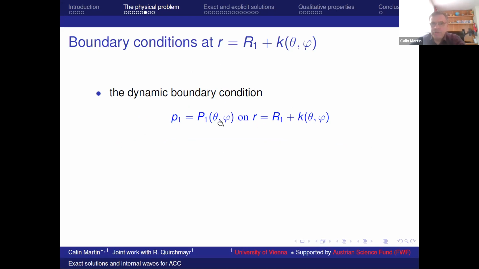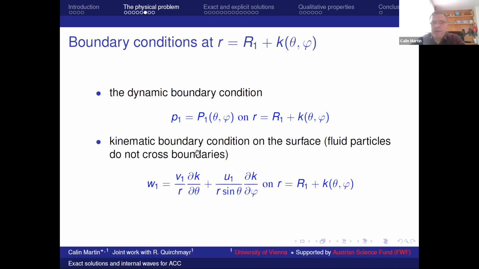Then there are kinematic boundary conditions, which roughly say that the fluid particles do not cross boundaries, or that the boundaries are really boundaries. This is the kinematic boundary condition on the surface, and it roughly says that the speed of the water equals the speed of the surface.